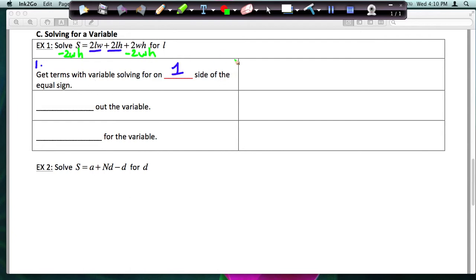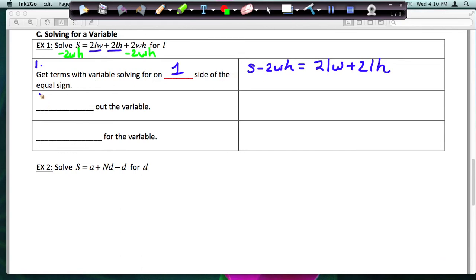When you do that, the S and 2WH are not like terms, so you can't combine them. So I'm just going to write them right next to each other, equals, and then I'll write my other two terms, 2LW plus 2LH. Okay, so that's step 1. So the two terms with L are on one side and the other terms are on the other side.